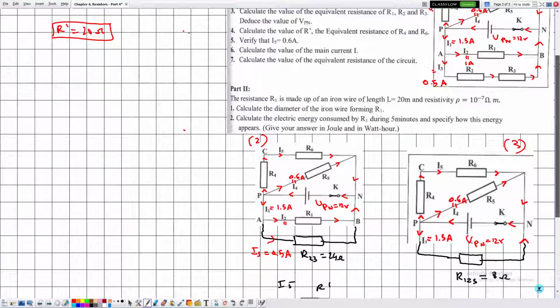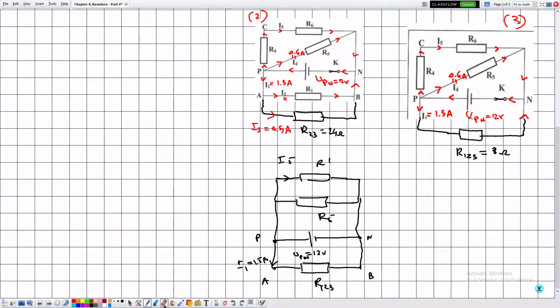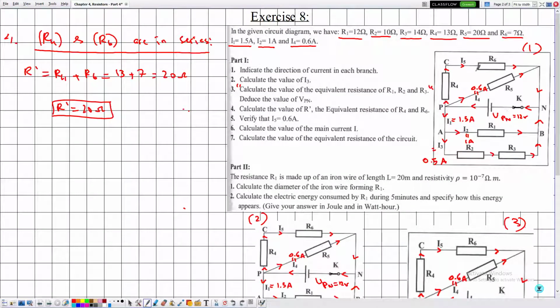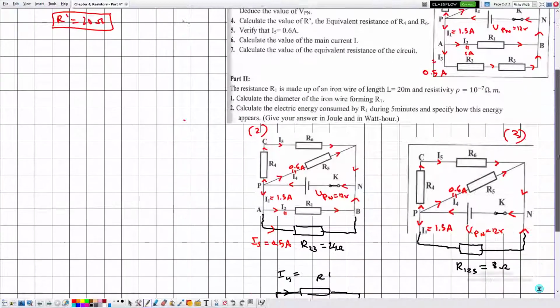So I4, this is I4, which is equal to the current traversing the resistor R4, which is given by 0.6. So here this current is the one traversing the resistor R4.